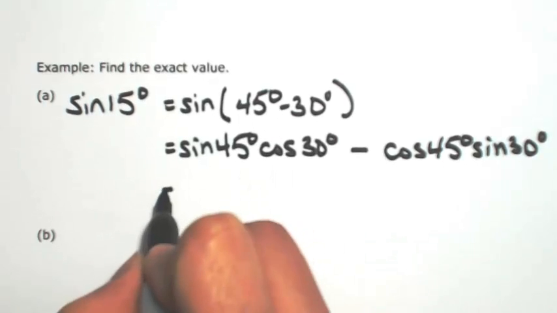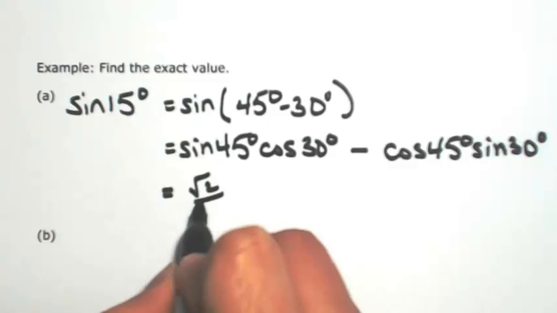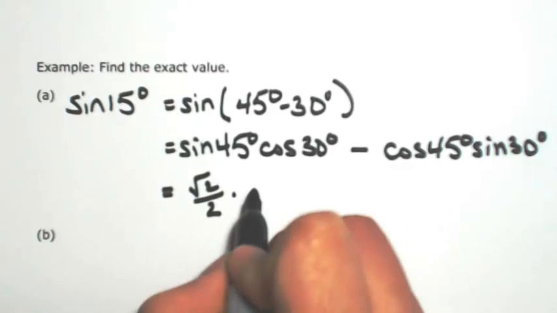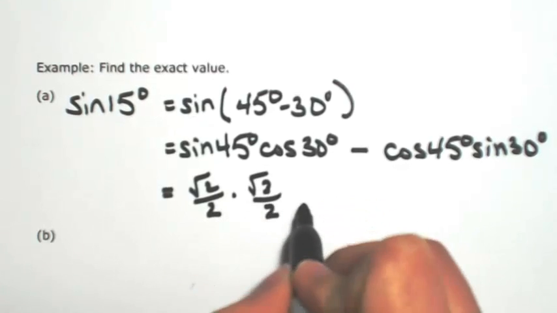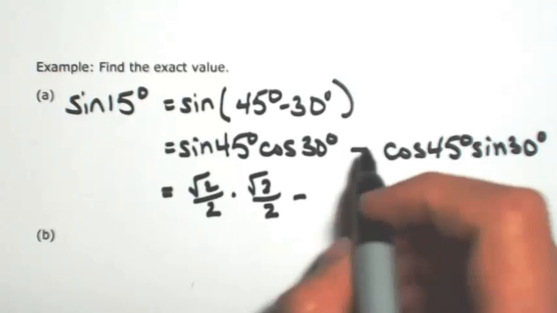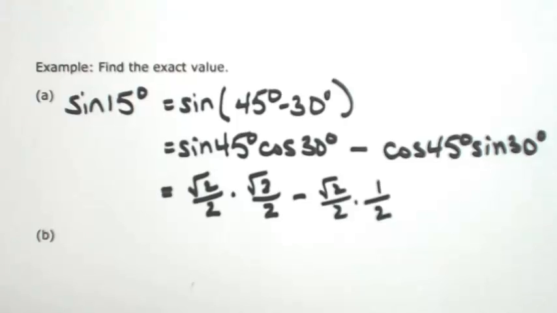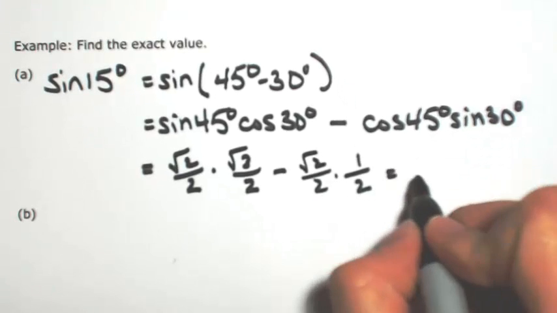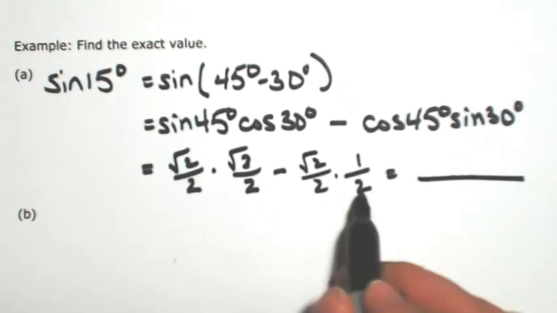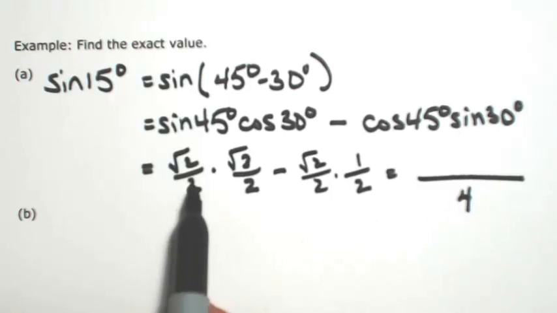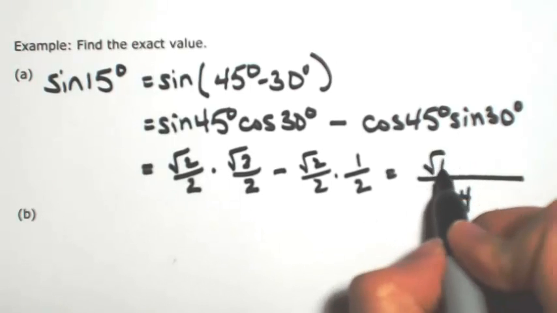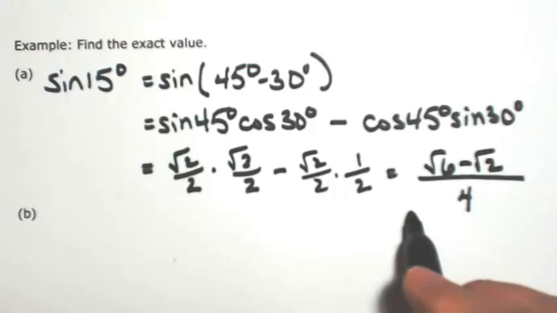Now these are ones that we know. Sine of 45 degrees is square root of 2 over 2. Cosine of 30 degrees is square root of 3 over 2. Cosine of 45 degrees is square root of 2 over 2. And sine of 30 degrees is 1/2. So putting all this together, we would have a 4 as our common denominator: square root of 6 minus square root of 2.